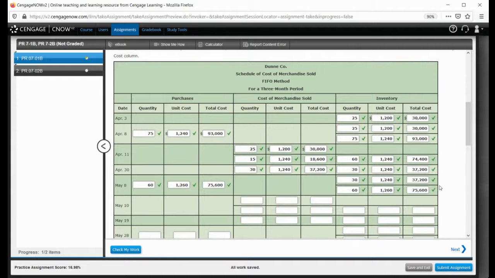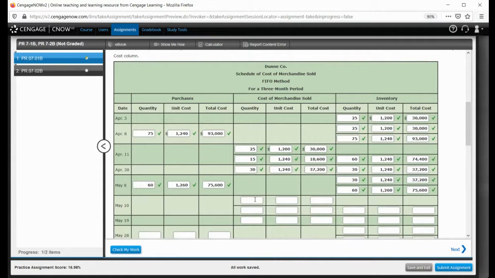So if we're selling 50 units, 30 units at $12.40 will have been sold. The reason for that is we're using the first in, first out method, which means the first units that we have in our ending inventory are going to be the first units that we sell.